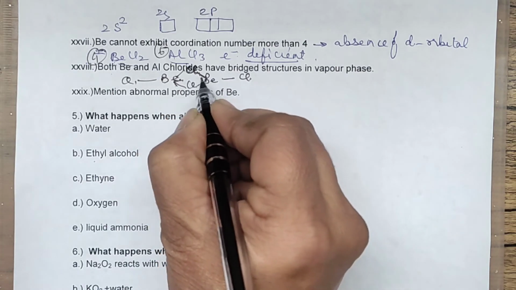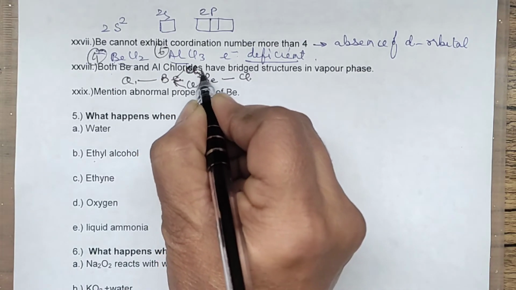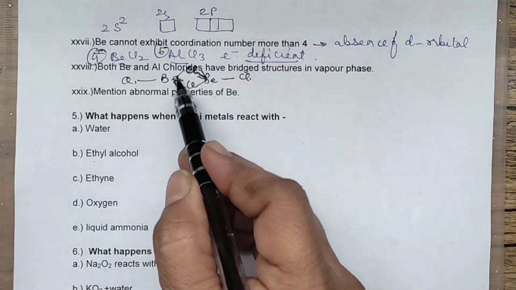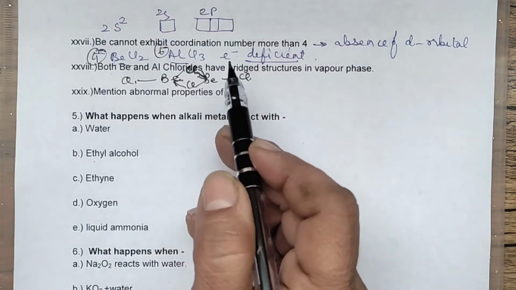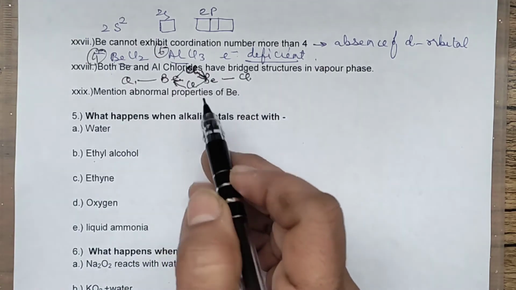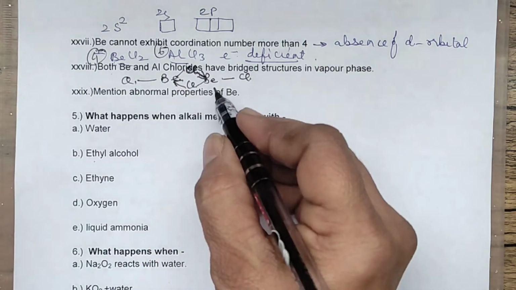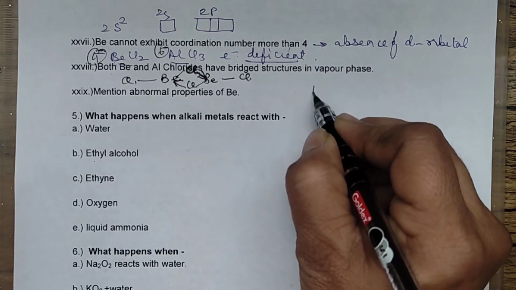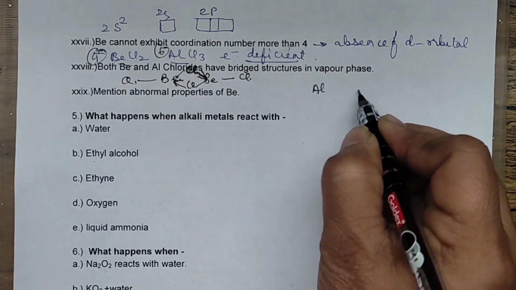Same way in this opposite side also you can find 1 dative bond, because chlorine has lone pairs of electrons present. One of it is involved in the bond formation this side, but the 3 pairs are there. They get coordinated with the central atom. So it tries to complete its octet. Right? So though in that also it's not complete, but still it will try to get more electrons.